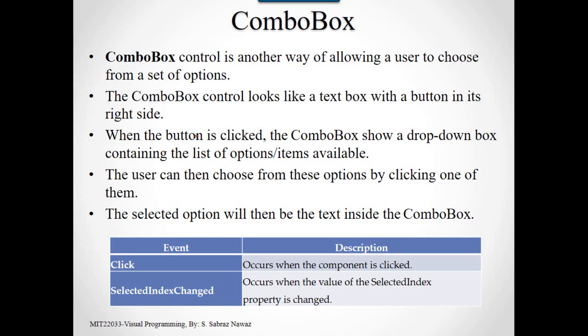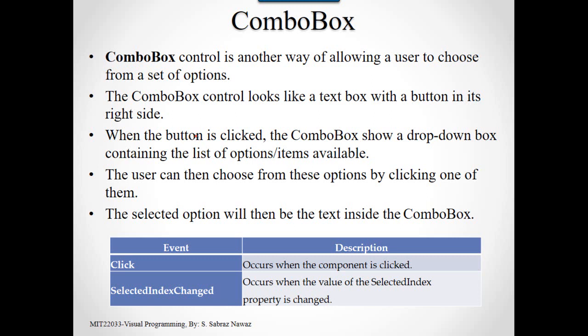The combo box control looks like a text box with a button on its right side. It looks like a text box with a downward looking arrow button on the right side. When the button is clicked, the combo box shows a drop down box containing the list of options or items available.